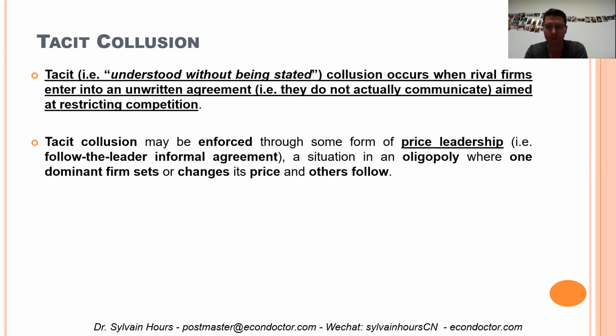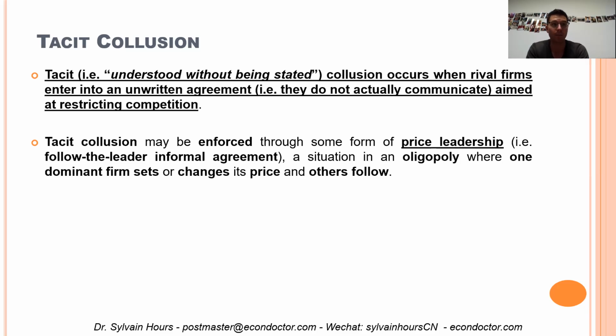The first type of coordination mechanism is what we call price leadership. Price leadership is when you have usually the biggest or most important firm within the market, which you can describe as the leader, who is going to set the price. This firm is effectively a price maker. And then the smaller firms are going to follow this price.